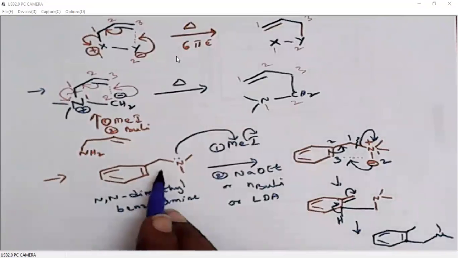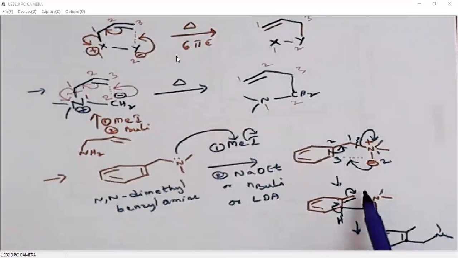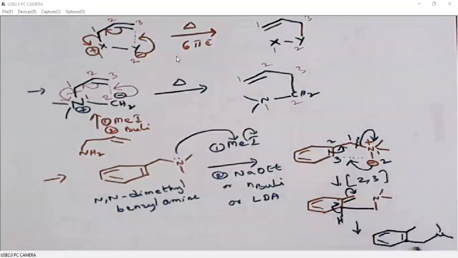So a benzylamine, after generating the ylide, is again undergoing a 2,3 sigmatropic rearrangement to generate a rearranged benzylamine. So this reaction is called the Sommelet-Hauser rearrangement. Yeah, please take the notes.